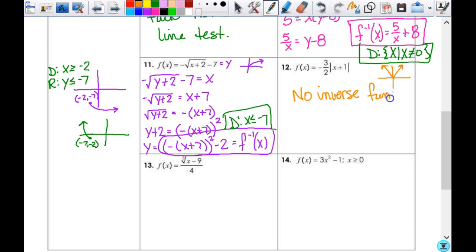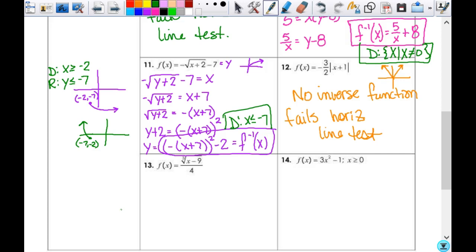No inverse function, because it fails the horizontal line test. And so there's no work to be done. Everybody okay with that? Any questions?